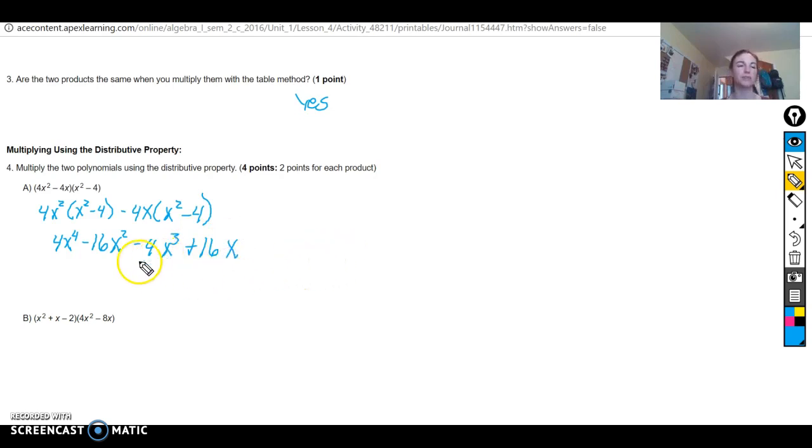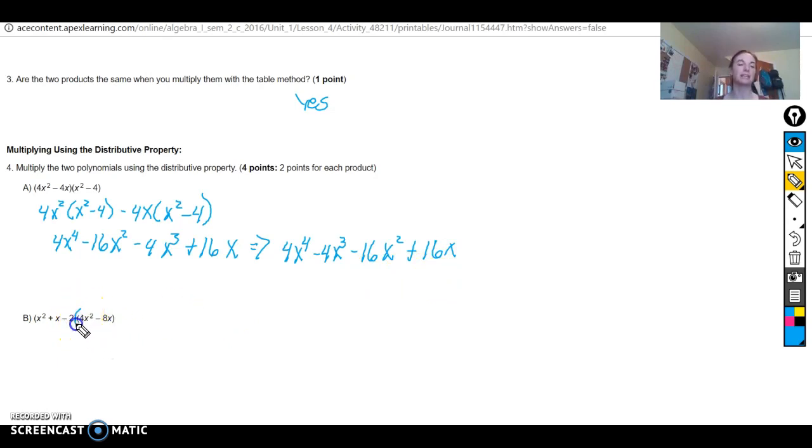So if I rearrange this in order of descending exponents, I get 4x to the fourth minus 4x cubed minus 16x squared plus 16x. There we go. And if you'll recall, that's exactly the same as our previous answers, so I'm feeling pretty good about this. All right, now I'm going to distribute.